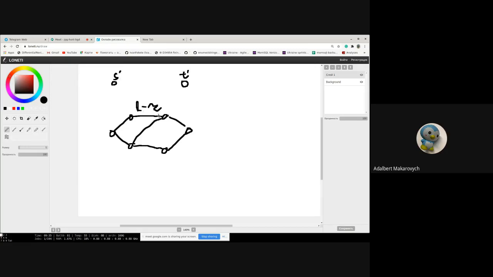Now let's consider each edge with a bottom constraint, so we only consider edges whose bottom constraint is not 0. Let's consider this edge and assign its capacity to be its top bound minus its lower bound, so Q minus R.